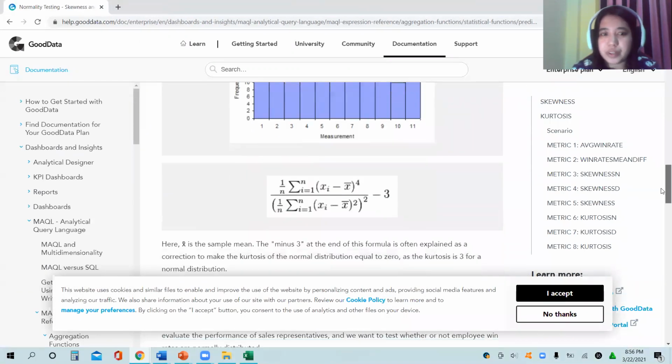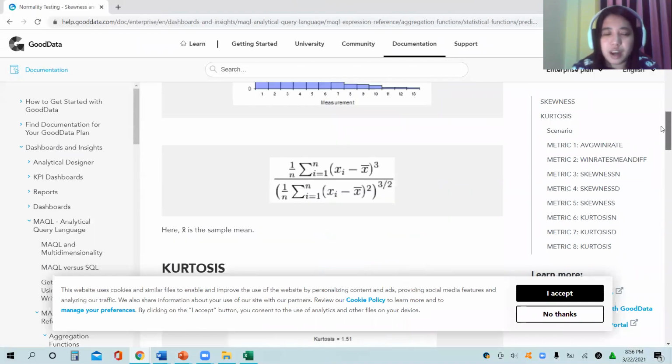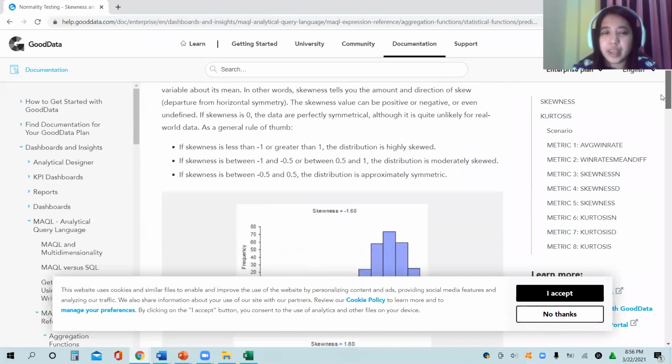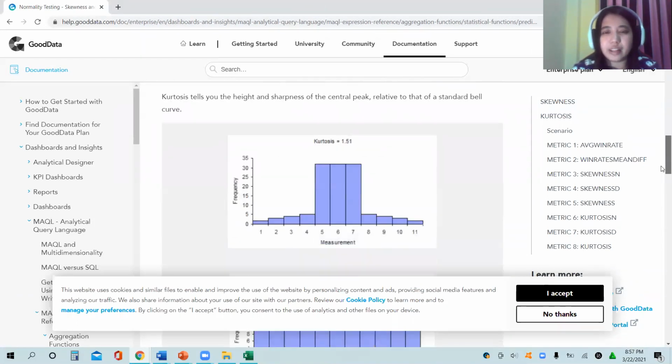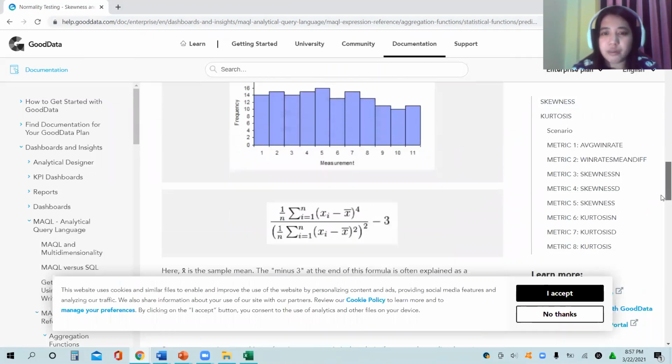For kurtosis, we have here a lot of discussion that talks about how to compute it. This is the formula of skewness, if you compute it manually. And then, as mentioned here, if the skewness is less than -1 or greater than 1, this discussion is already shown in the example. And then for kurtosis, we have here also the formula.